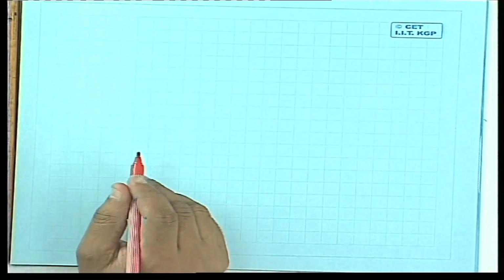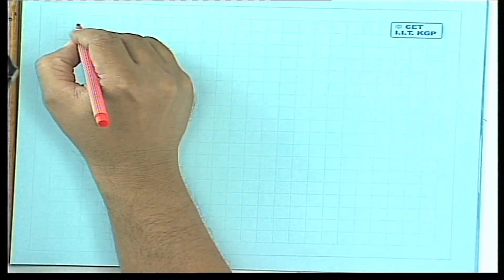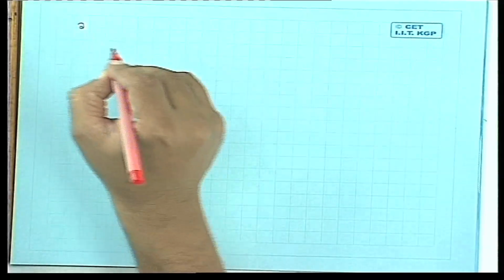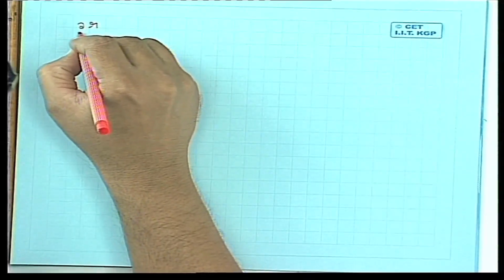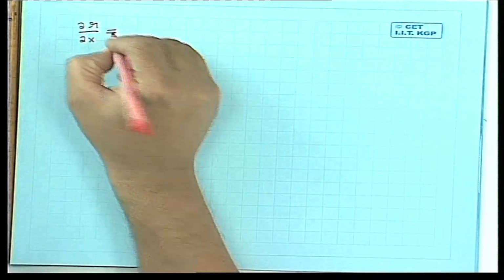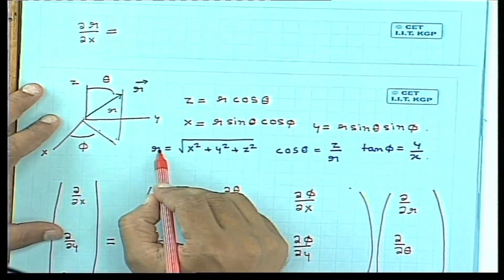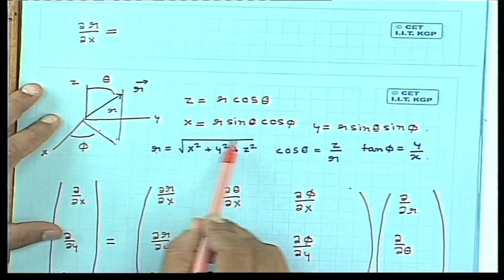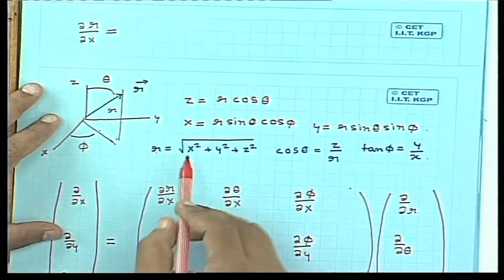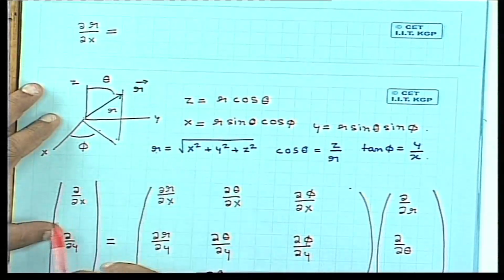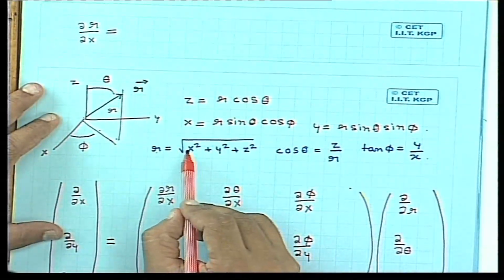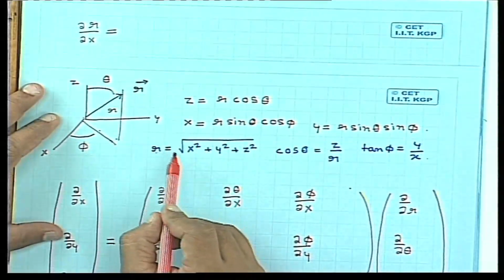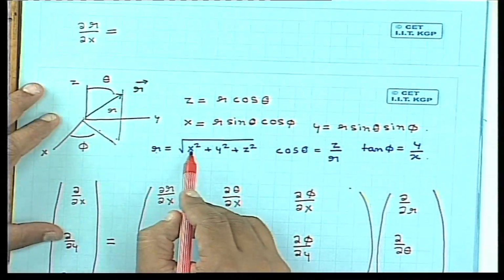The first thing which we have to work out is del r del x. If you just differentiate the relation relating r with x square, y square and z square with respect to x, then you will get the same thing in the denominator, you will get a half, and then you have to differentiate x square, which will give you a 2 that will cancel away the half, and I will have x in the numerator.